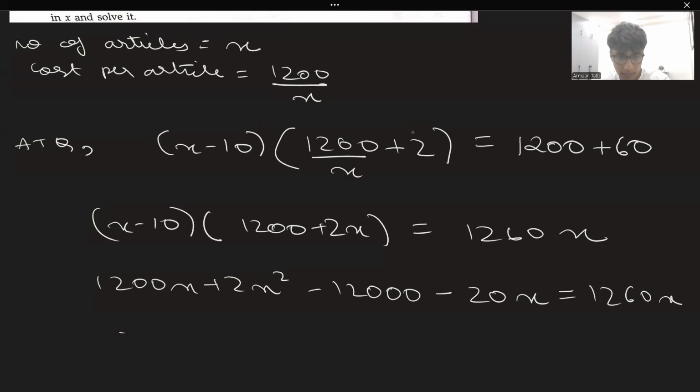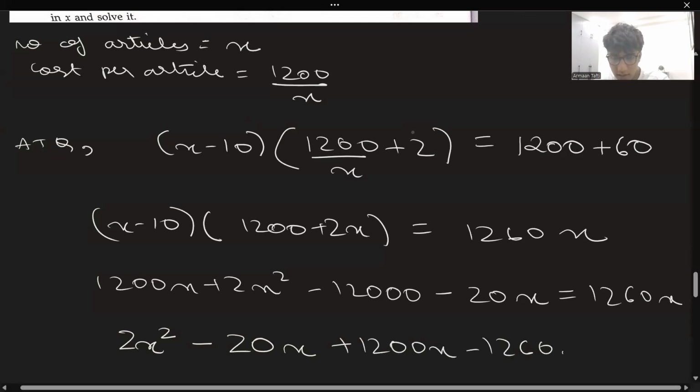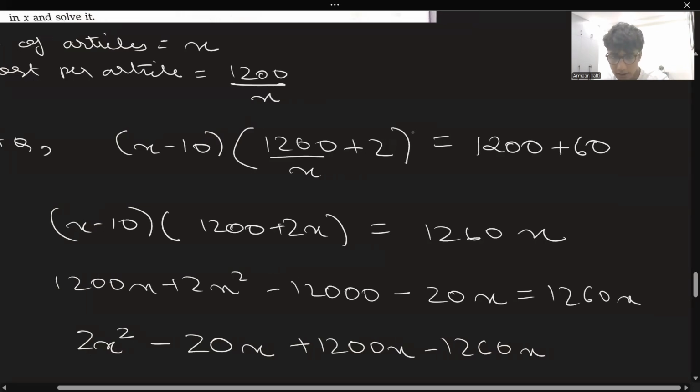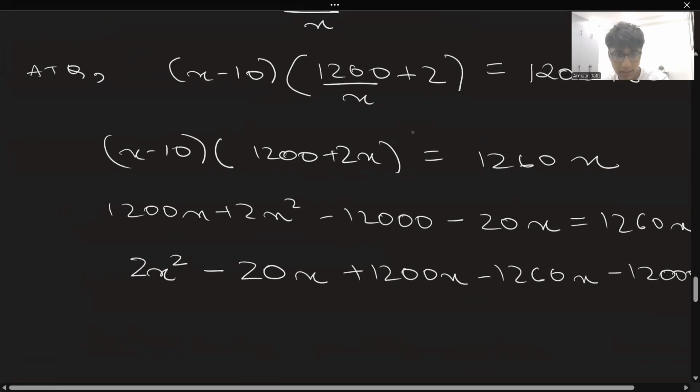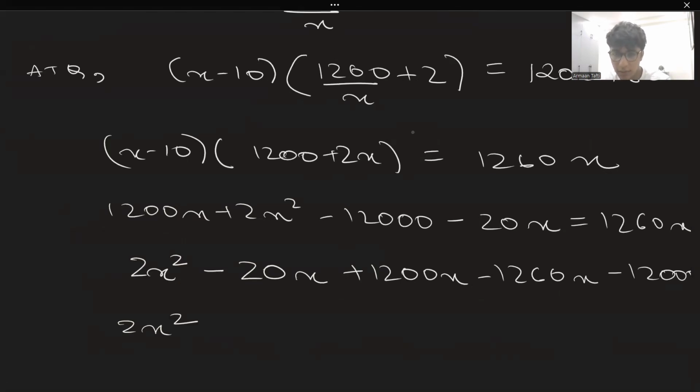Okay, so let's get all the terms together. 2x square minus 20x plus 1200x minus 1260x minus 12,000 equals 0. So that's 2x square minus 20x, so that becomes minus 1220x, and that's 1260x.